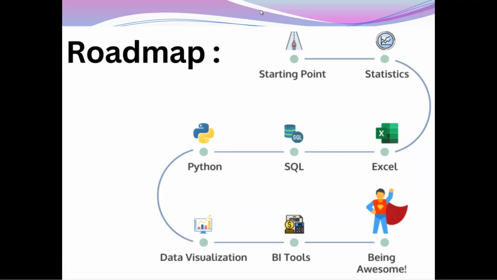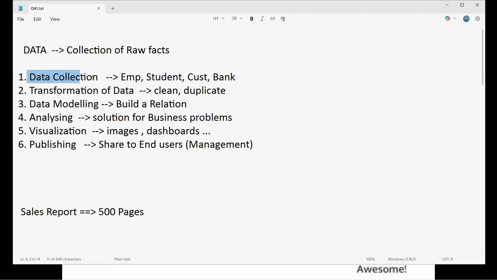If you remember, please tell me, what are the 6 points we discussed? Yes, see here. We can collect data. So there are a total of 6 steps here. These are our day-to-day activities as a data analyst.